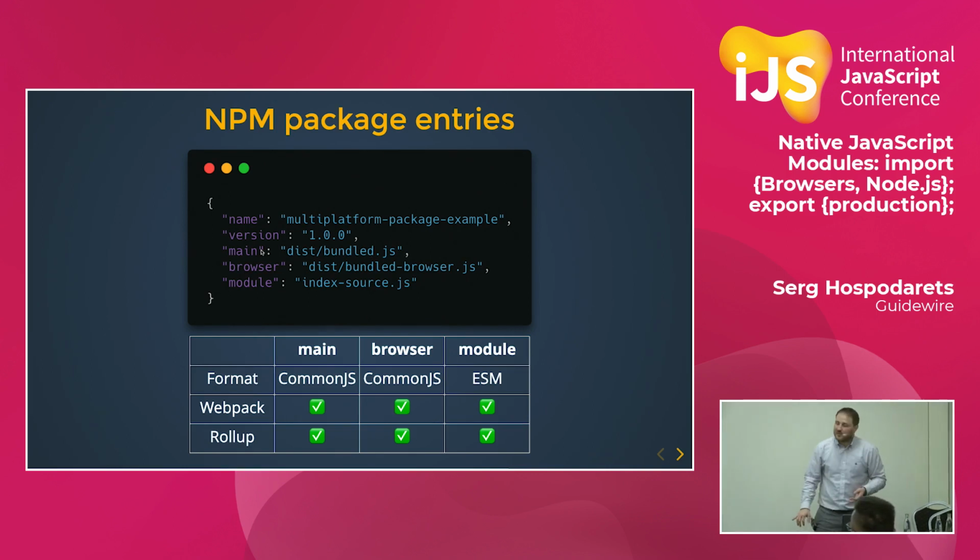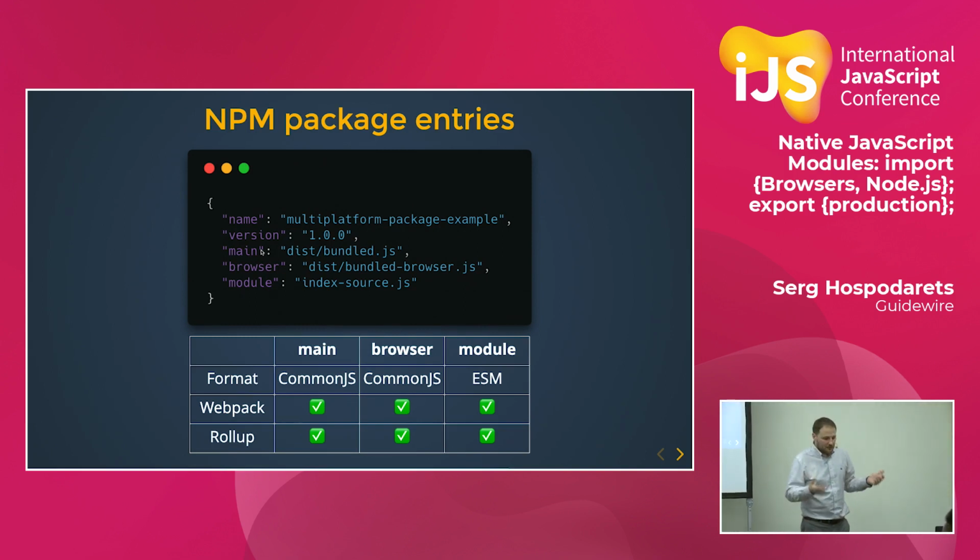In the main field, usually you say where your bundled version is. So if I'm using this type module, this Michael Jackson thing, it will go first to the module field and say, aha, here is this index source MJS. So it will be executed as module scripts. Now this module field is supported in all the popular tools like Webpack, Rollup, and so on.